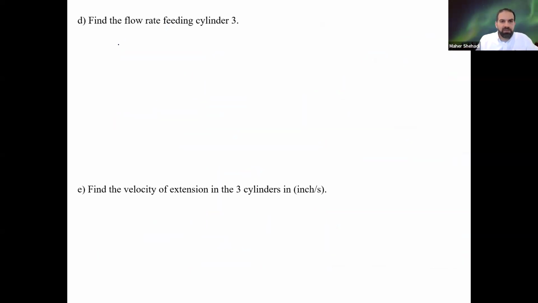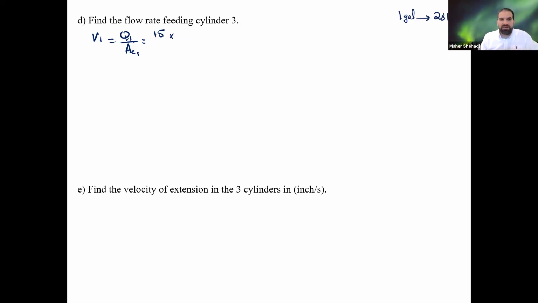I mean equations. So I have V1 in cylinder 1, that's Q1 divided by A cap 1. What's Q1? That's the flow rate that goes into the first cylinder. So that's 15 gallons per minute. I'm going to multiply that because I need to have it either in inch per second or feet per second. I'm not going to leave it in gallons per minute. The area is in inch square, so I will need to convert that into cubic inch. 1 gallon is 231 cubic inch.